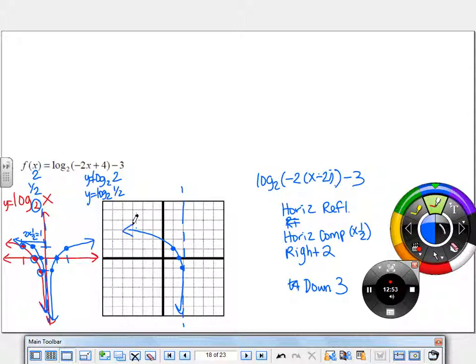And then the very last thing I'm going to do is shift everything down 3. So all of these points are just moving down 3. So you get this curve here. And your asymptote is here at x equals 2.